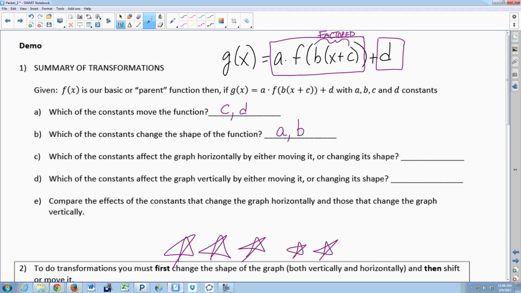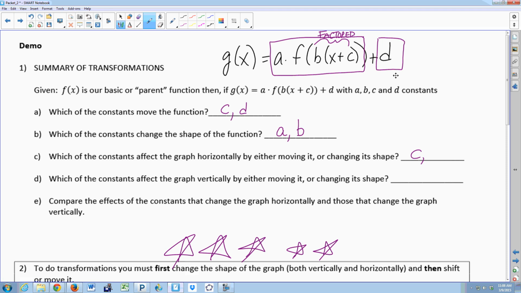All right, so now we know which ones move it and which ones change its shape. Now we want to see which of these constants affect the graph horizontally by either moving it or changing its shape. So which constants change the graph horizontally? C, yes. And someone, Melanie or Clay?